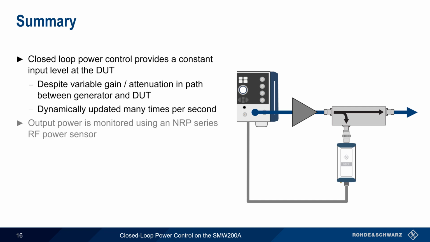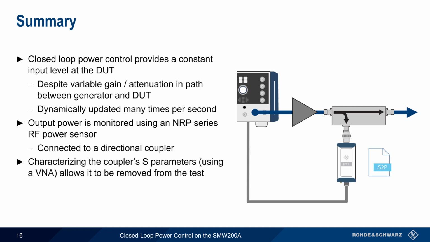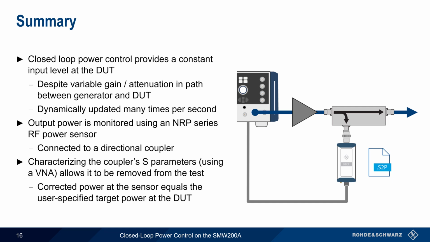An NRP series RF power sensor is used to monitor the generator output power by means of a directional coupler. The coupler can be characterized using a VNA, and the resulting S parameters can then be loaded into the power sensor. This simplifies configuration and operation by making the corrected power reading at the sensor the same as the user-specified target power at the DUT.